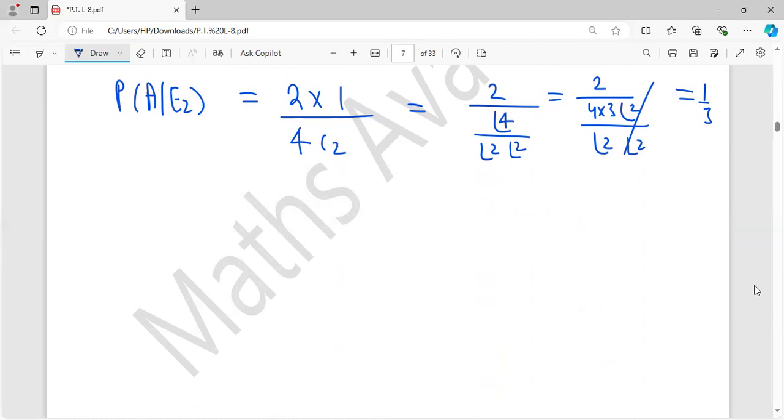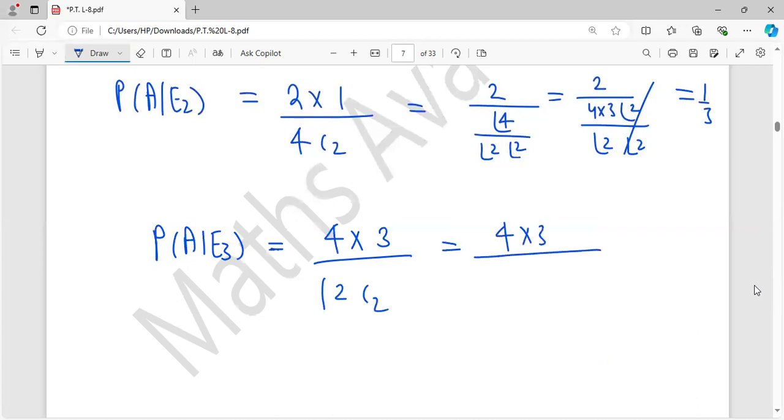So what is P(A relative to E3)? A relative to E3. So how many white balls are there? 4. And how many red balls? 3. 12C2. Okay. 4 into 3 upon factorial 12 upon factorial 2 factorial 10.